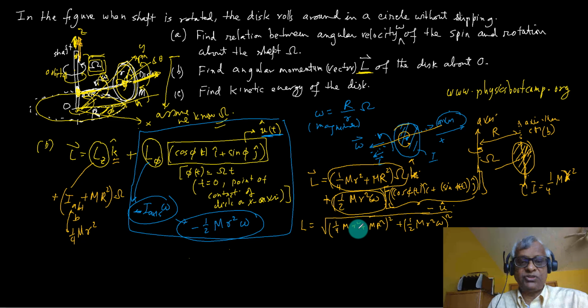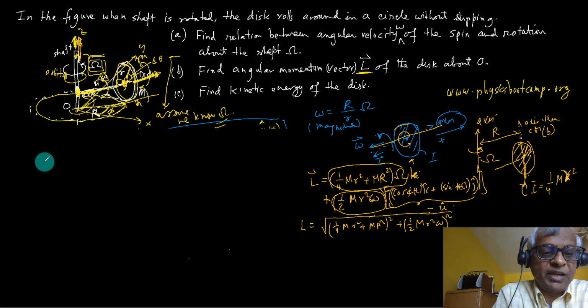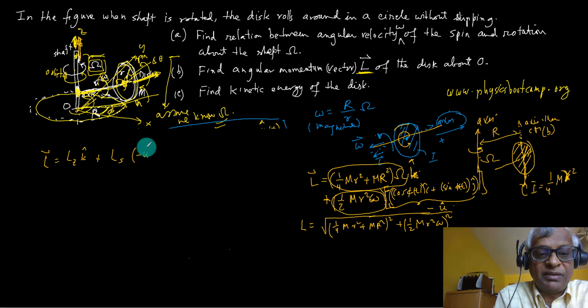How do I get the direction? Let me erase this so I can come back to it. For direction, we have L_z k hat plus L_s minus u hat.